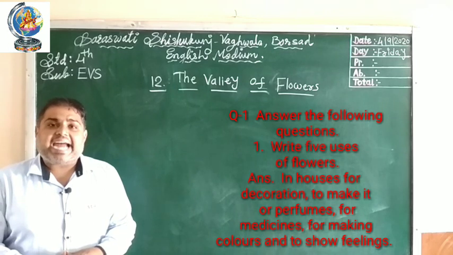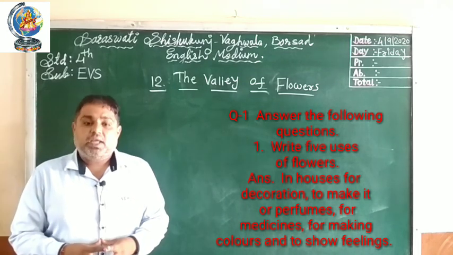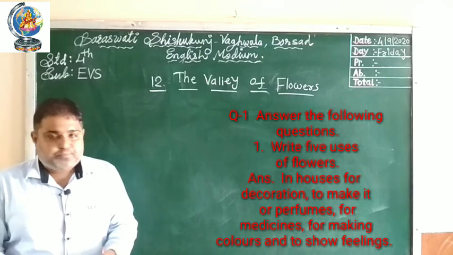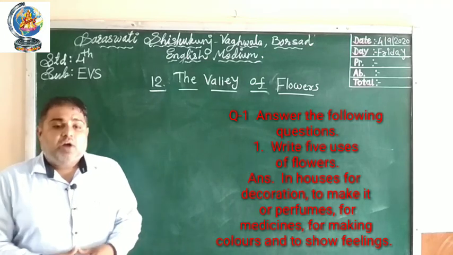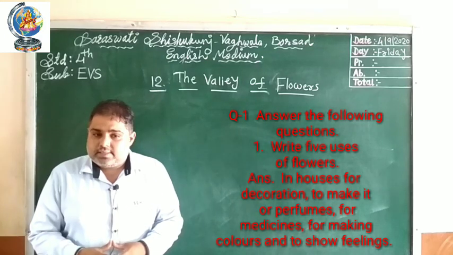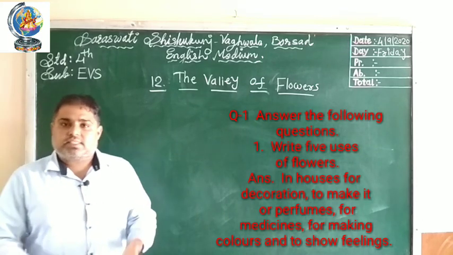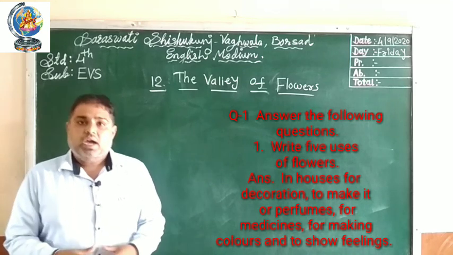Flowers are used in houses for decoration, to make itra or perfumes. Flowers are also used for medicines, for making colors, and to show feelings. So students, these are the different uses of flowers.